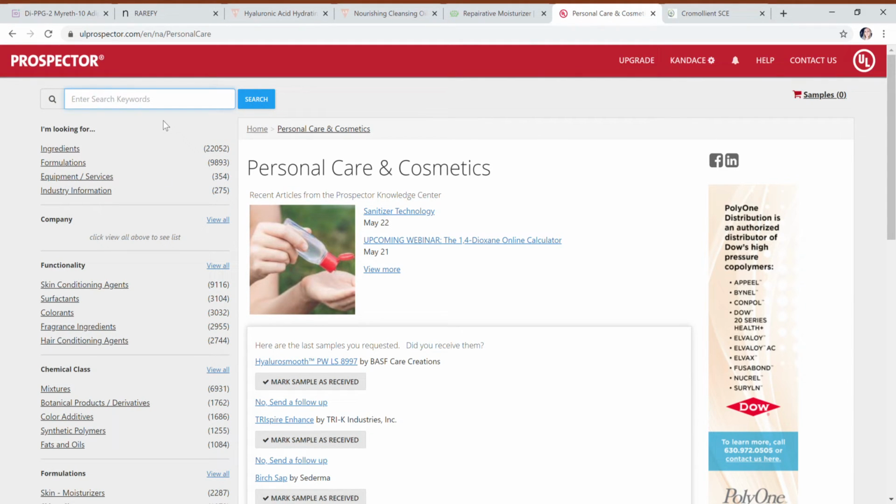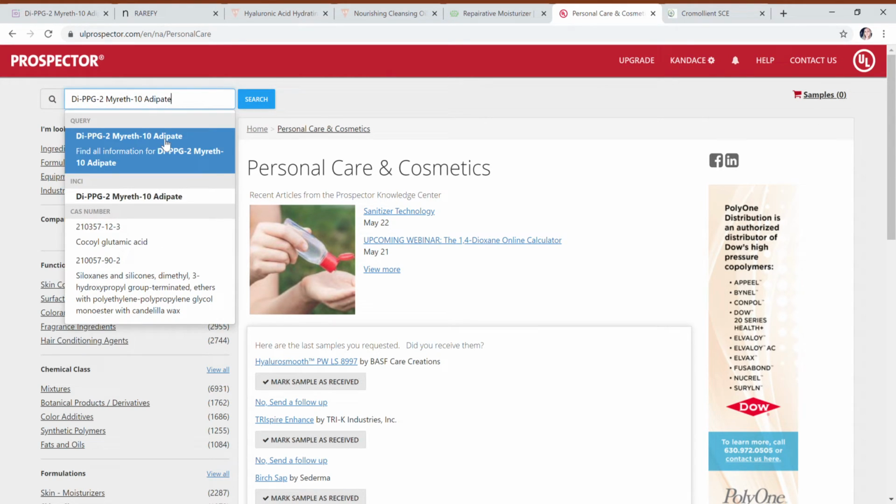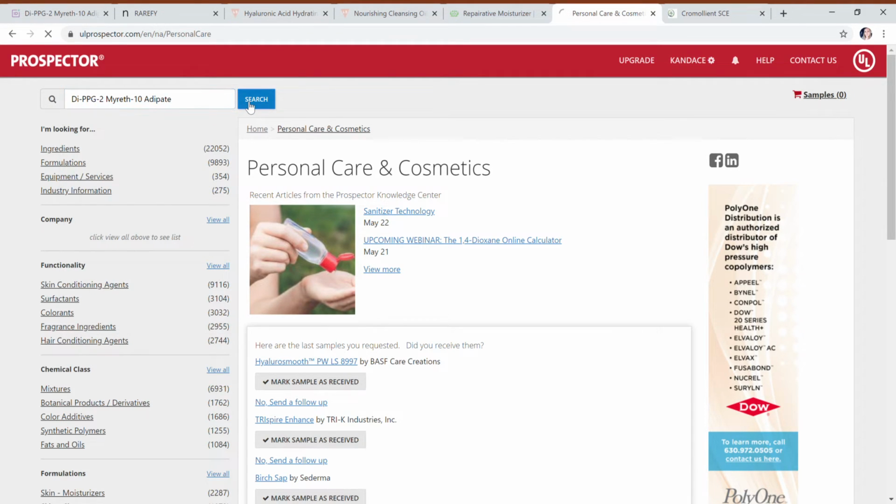You need to get an account and have the proper credentials in order to get an account with this, but it's great to have. It's a fantastic resource if you're a formulator or if you're in the industry and qualify for an account. And you can actually do a little bit of searching on here without an account, but not much.